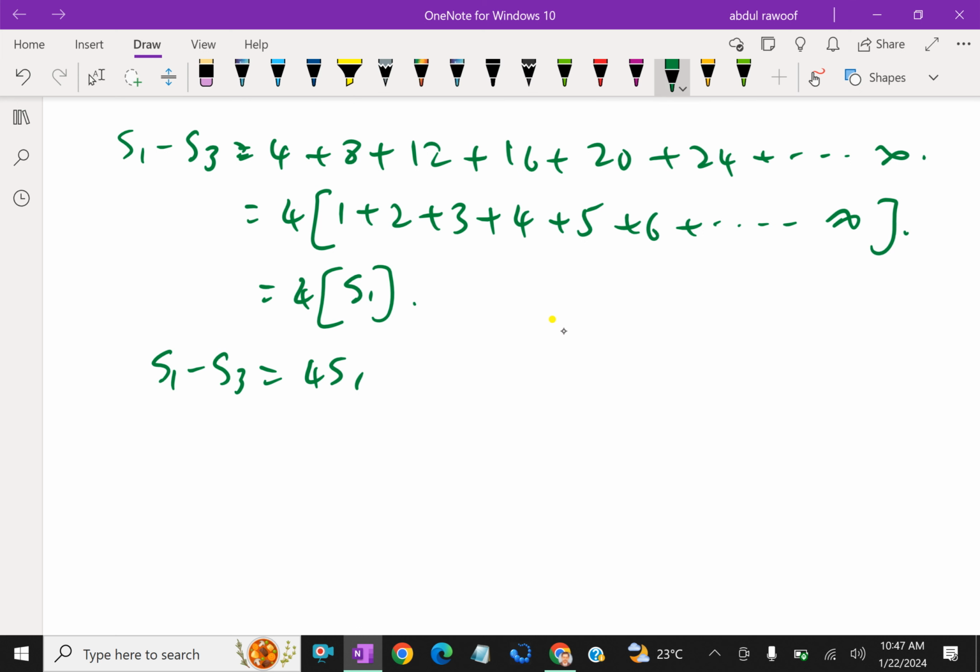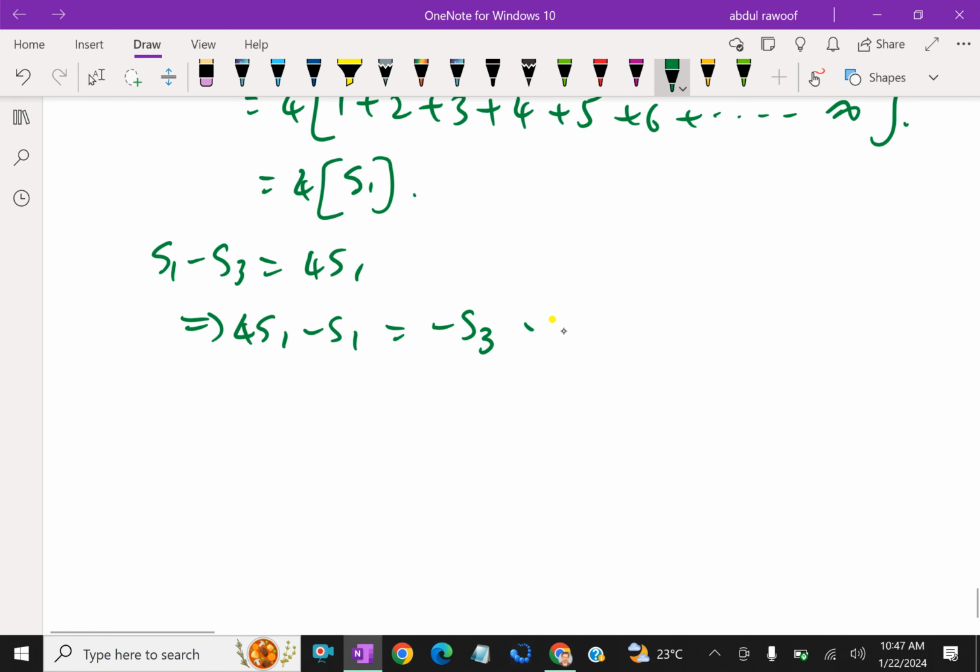Now 4S1 minus S1 is 3S1, so you can write 3S1 equals minus S3.